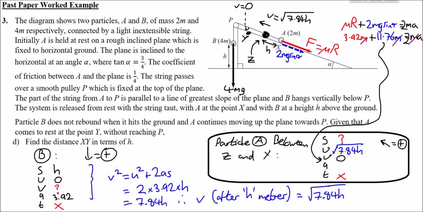So now, what we can do is we can calculate the new magnitude of acceleration. So a is 3.92 plus 11.76, divide that by 2.